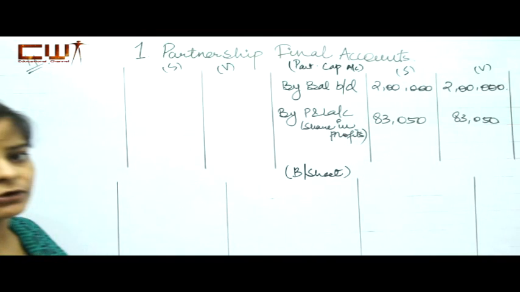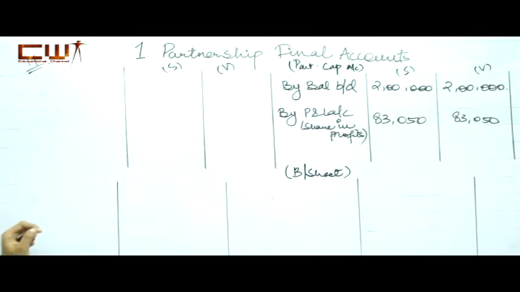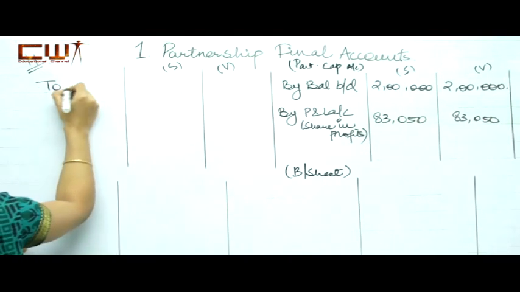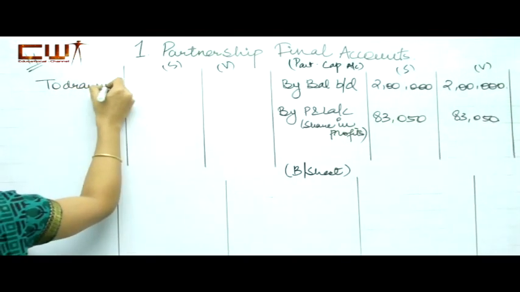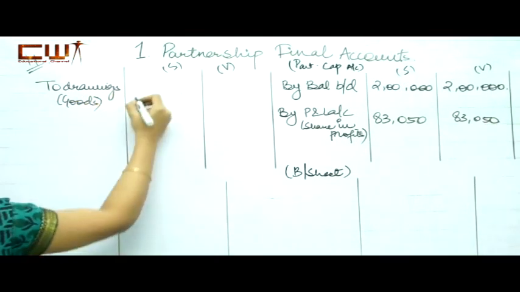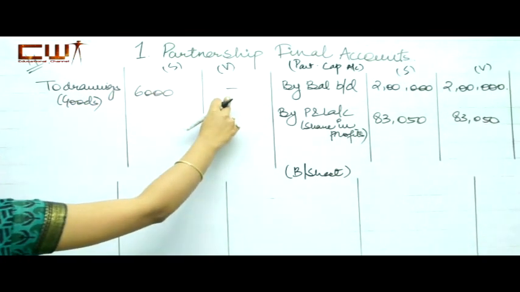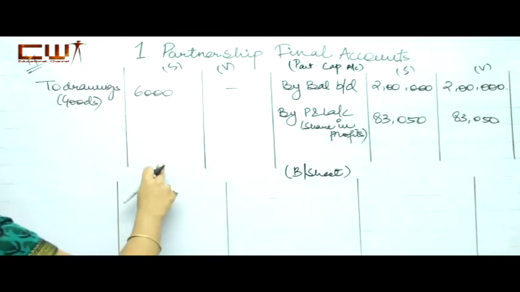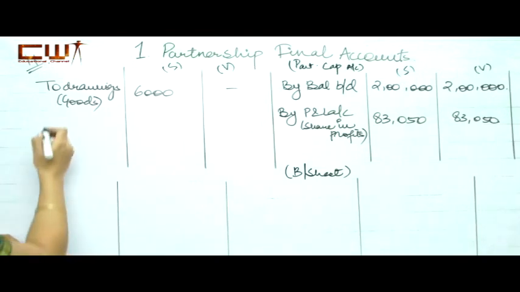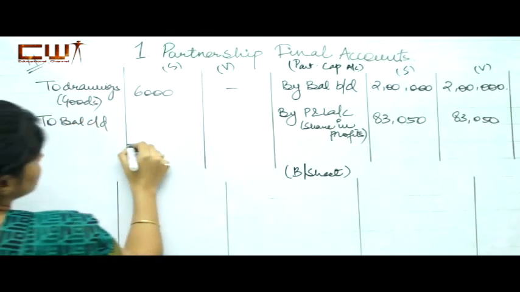They were also given the drawings in the question, that is Santosh drew goods, right? So drawings of Santosh will be mentioned. In which form? Goods. How much did he withdraw? 6,000. Only Santosh withdrew the goods, so drawings will come on this side. Anything else? No. So you have the balance carried down, right?